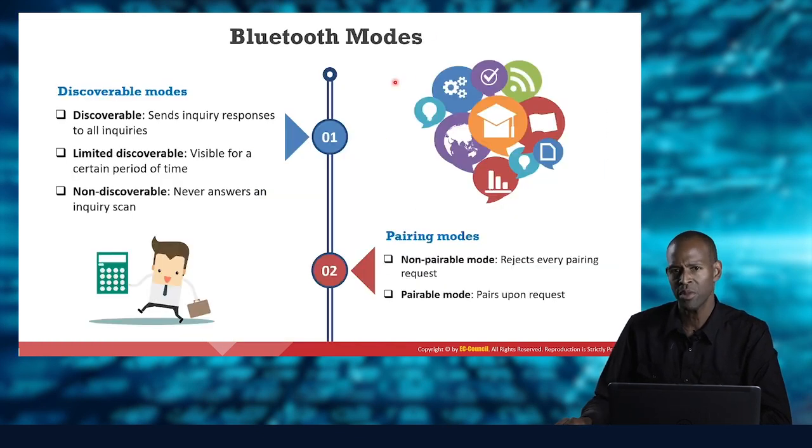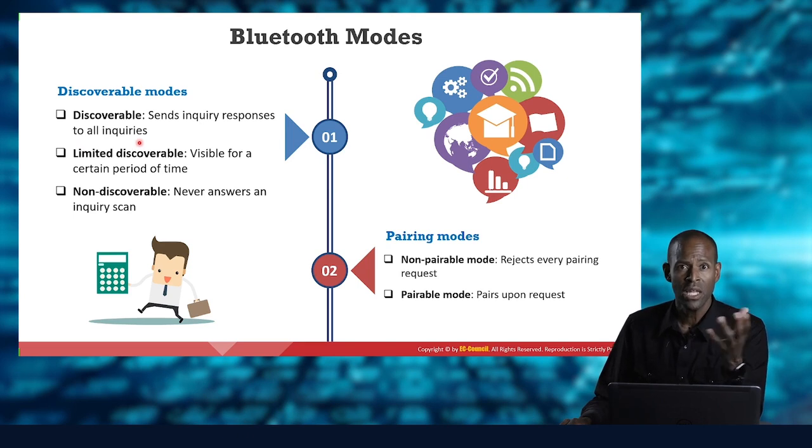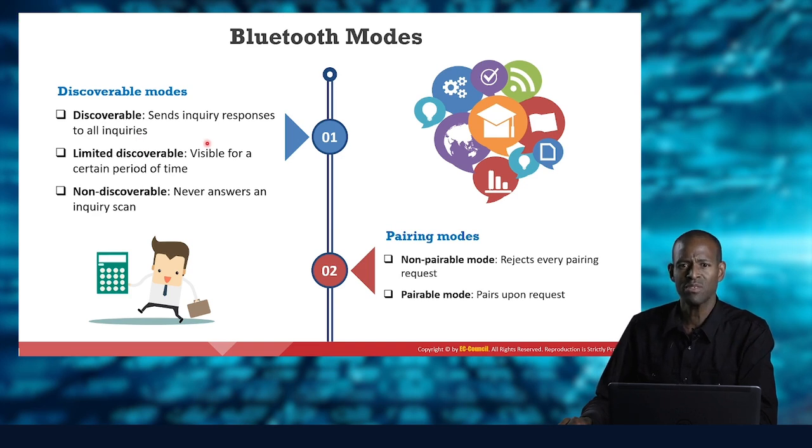Now we move on to some of the modes for Bluetooth. There's discoverable and pairing. Discoverable sends inquiry responses to all queries. So if I have a device like my phone that's discoverable, then it will be able to be contacted by any other Bluetooth device. There's also limited discoverable, visible for a certain period of time, and then non-discoverable.